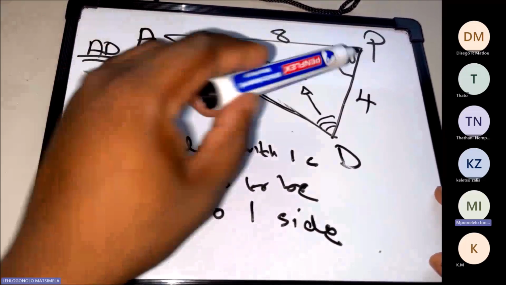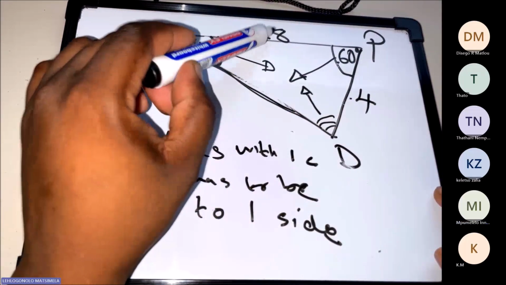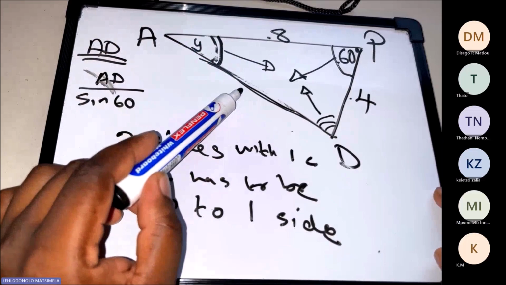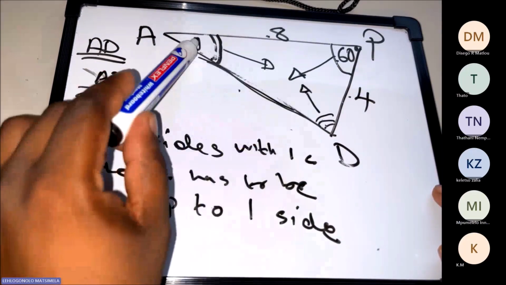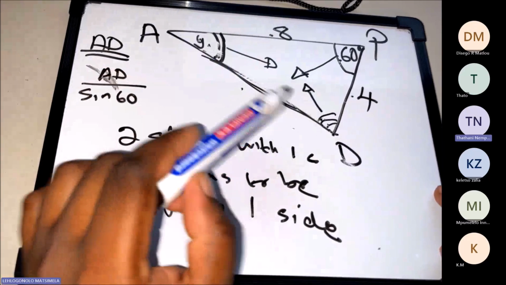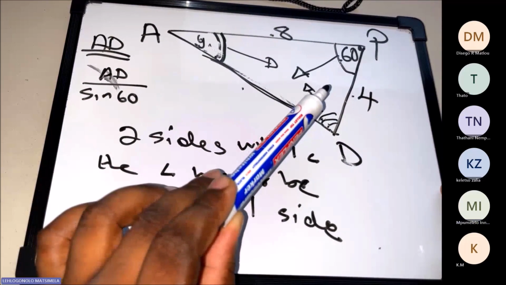So unfortunately, this angle is not opposite to 4 or 8, but it's opposite to the side we are missing. And we don't have the angle at D, or any other two angles. They are unknown. So we cannot use what? We cannot use sine rule.